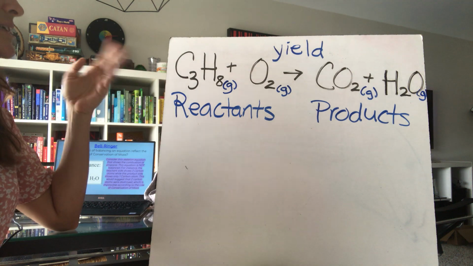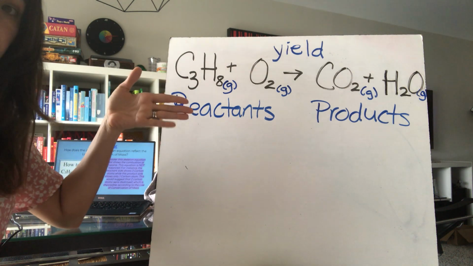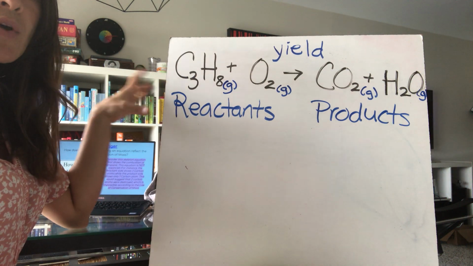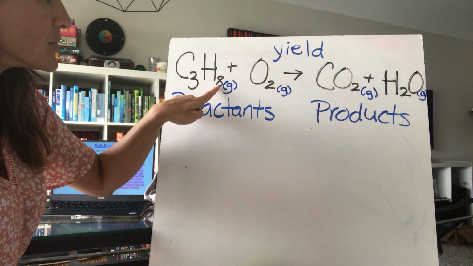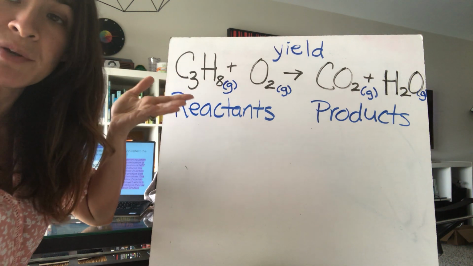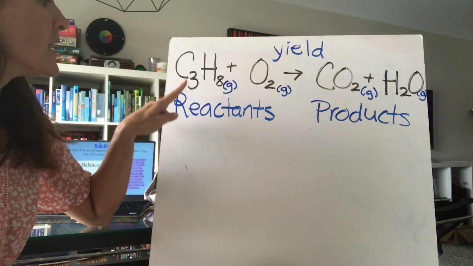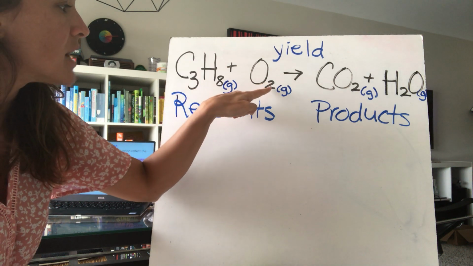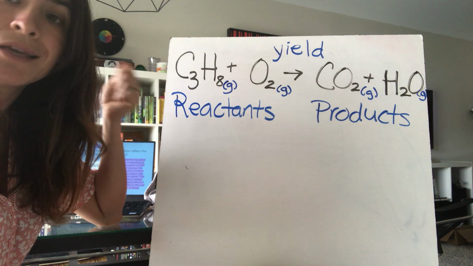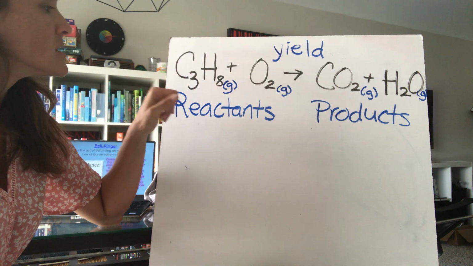Now, if I look at this equation, there's a problem with it. On the reactant side, according to these little numbers, okay? These are the subscripts. I know you're familiar with them because we've been building formulas this whole year. Subscripts tell us how many of each atom is present in a substance.